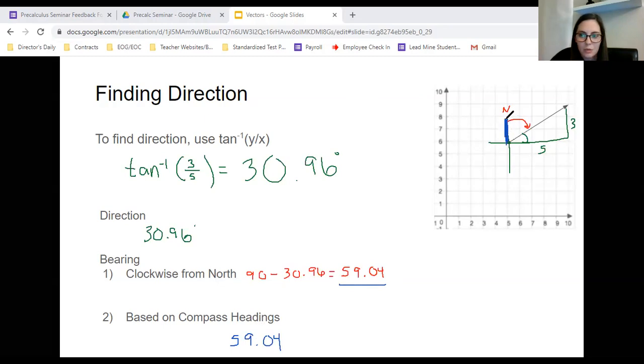In this case, we went north first, so that's the first letter that's going to come up. And then from there, we went to the right, which is east. Let me put my degree sign here. So this is 59.04 degrees east of north, where the N comes first and the E comes second.